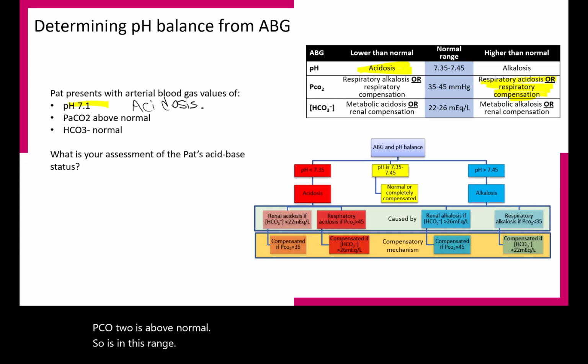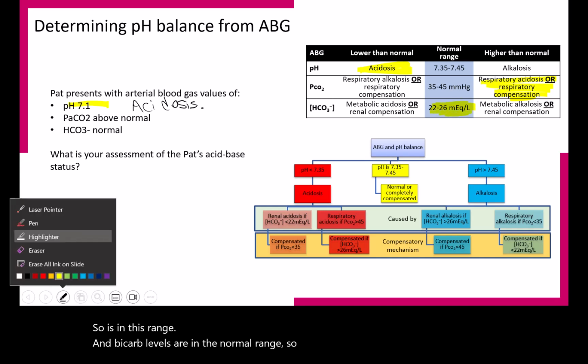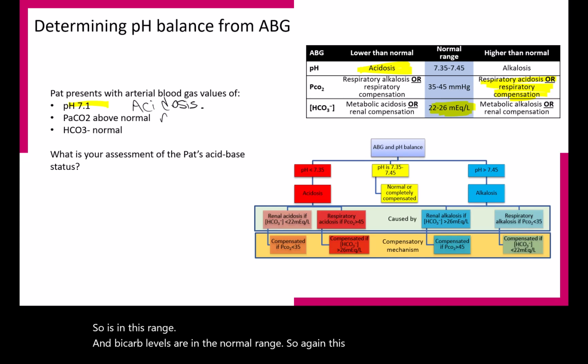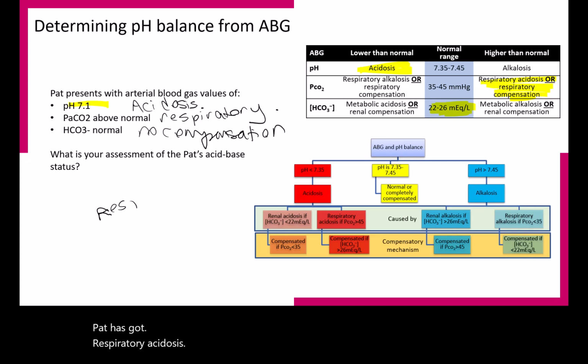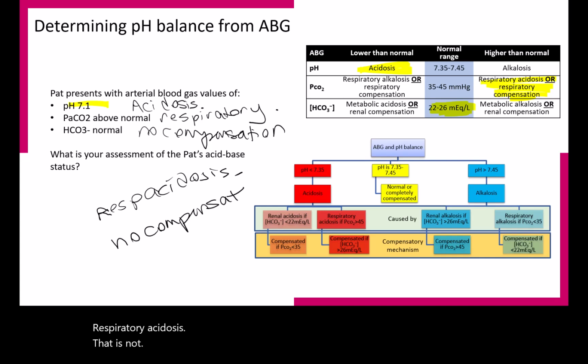And bicarb levels are in the normal range. So again, this shows that Pat has got respiratory acidosis that is not being compensated.